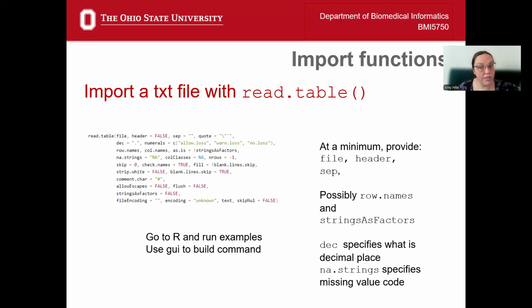Some other important parameters you might want to provide is your table arranged with definite row names that are all unique. Then you would set row names equal to 1, meaning this first column are my row names. And those names would be held in a place for the row names. The other one you might want to set is strings as factors. So when you import your file, do you want R to automatically convert all of your character variables to factors?